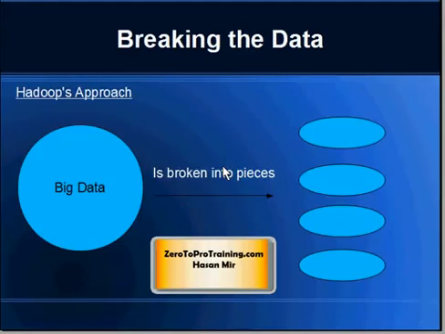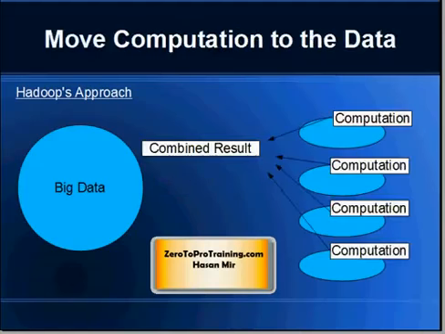Hadoop takes a very different approach than the enterprise approach. It breaks the data into smaller pieces, and that's why it's able to deal with big data. Okay, breaking the data into smaller pieces is a good idea, but then what? How are you going to perform the computation? It breaks the computation down into smaller pieces as well, and sends each piece of computation to each piece of data.